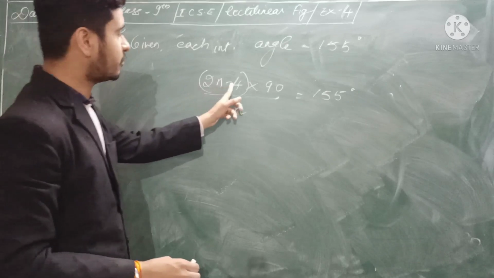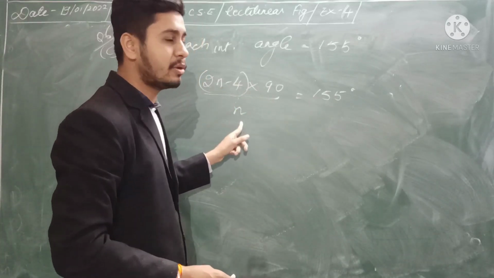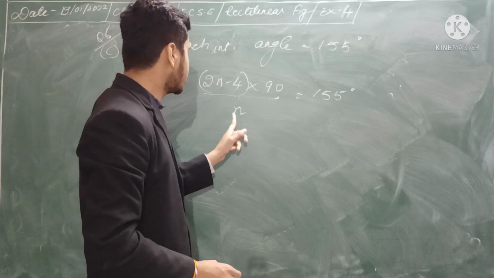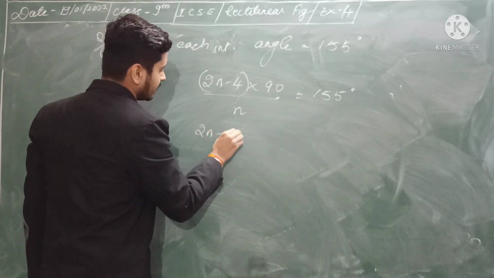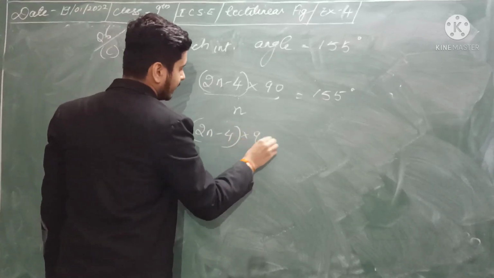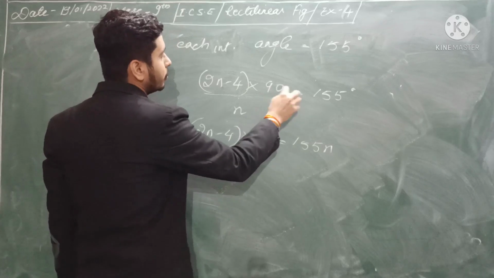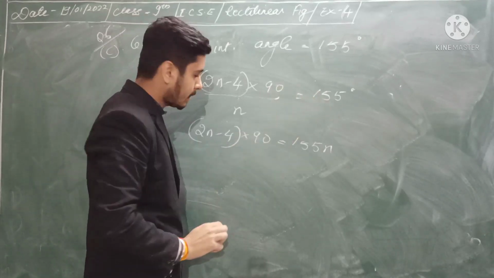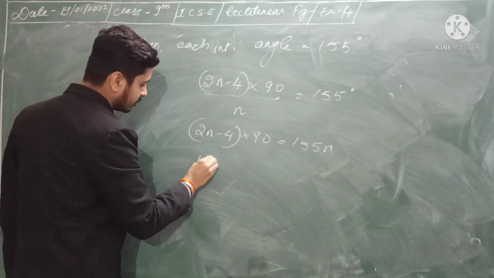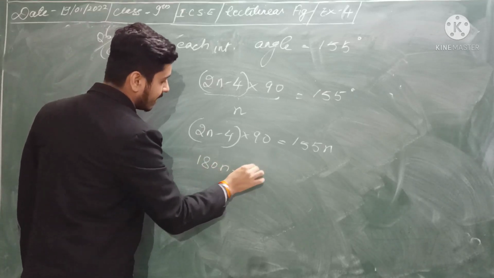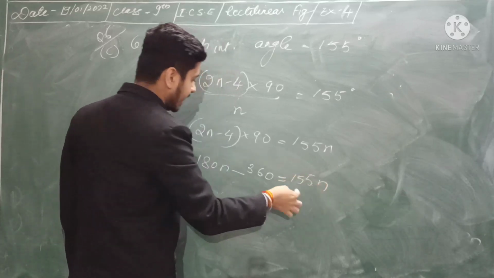So (2n minus 4) into 90 whole upon n is equal to 155. You need to find the value of n here. Better you take this n across. So (2n minus 4) into 90 is equal to 155 n. Multiply 90 inside, so it will be 180 n minus 360 is equal to 155 n.